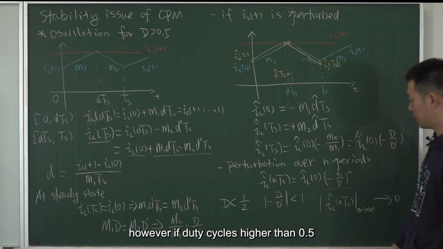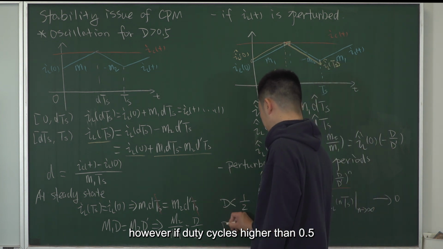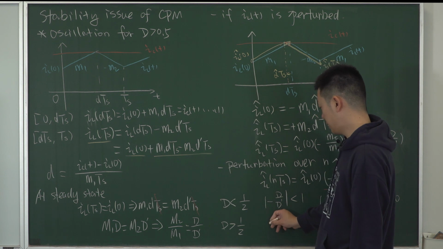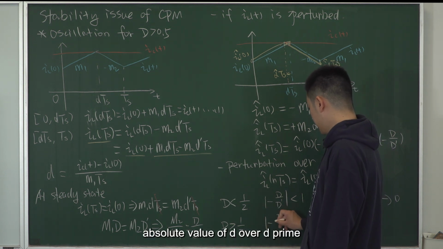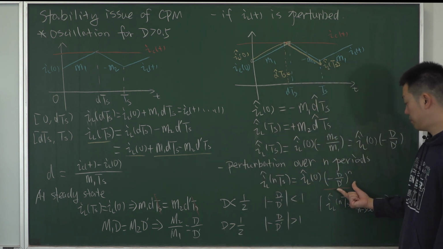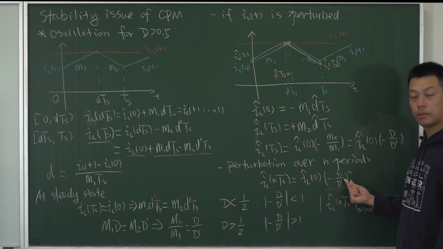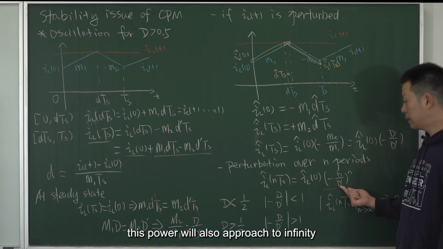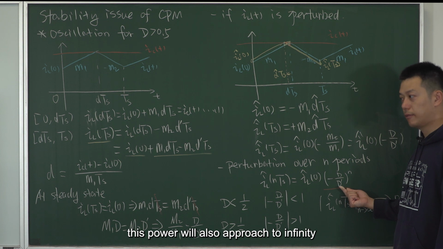However, if the duty cycle is higher than 0.5, the absolute value of d over d prime will be bigger than 1. A number higher than 1 to the power of n, if n approaches infinity, this power will also approach infinity.